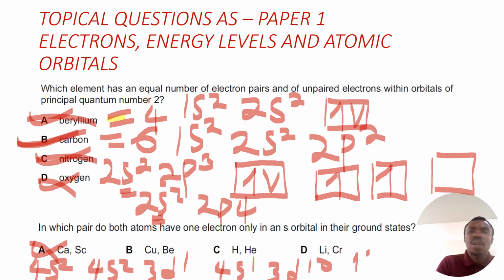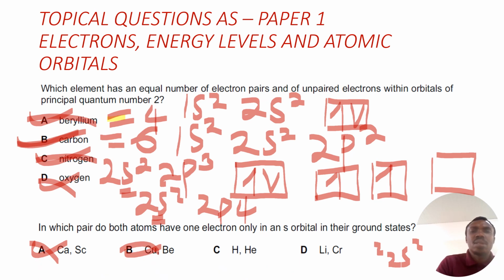Then beryllium is 4, which is 1s2, then 2s2. So B is not the answer. B is wrong. Then let's look at C. I think I need to erase this so that I will have enough space to explain further. So if you look at C, you have hydrogen, which is 1s1.